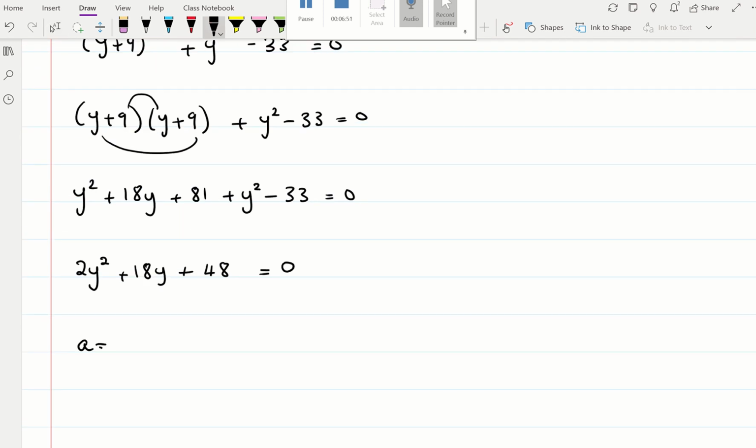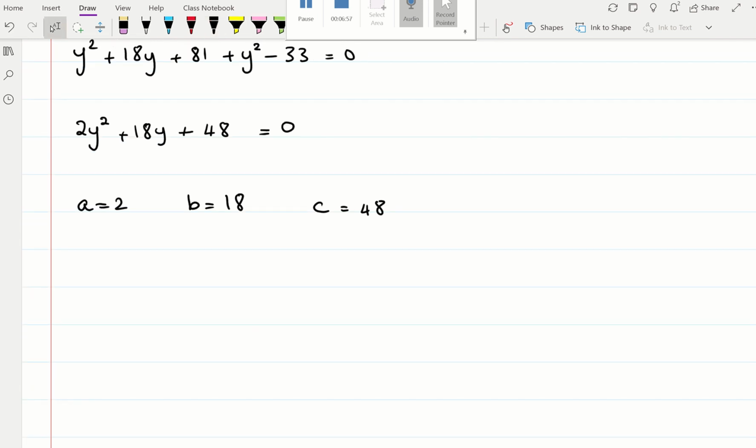So A is 2, B is 18, C is 48. So b squared is 18 squared minus 4 times a, 4 times 2 times 48. And let's have a look. Is it going to be smaller than 0?